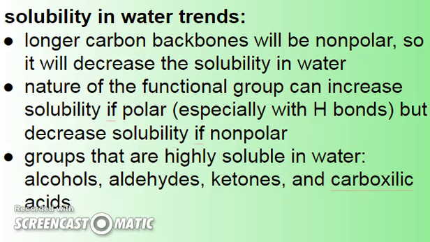And also fairly highly soluble are going to be your aldehydes and ketones because they're at least polar with the oxygen double bonded. And then your alkanes, your nonpolar ones, are going to be the least soluble. So both length and the functional group are going to affect physical properties of volatility and solubility in water.